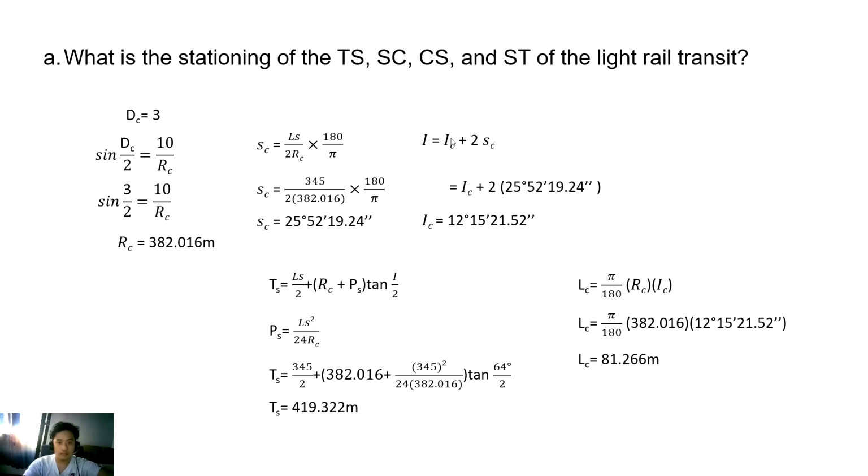So it becomes Ic plus 2 times 25 degrees, 52 minutes, and 19.24 seconds. Since they are equal, we can assume that Ic and I are the same. Multiplying them, we get 12 degrees, 15 minutes, and 21.52 seconds.